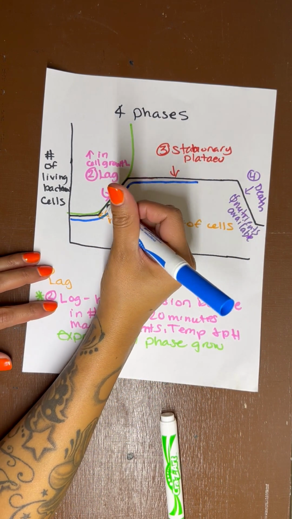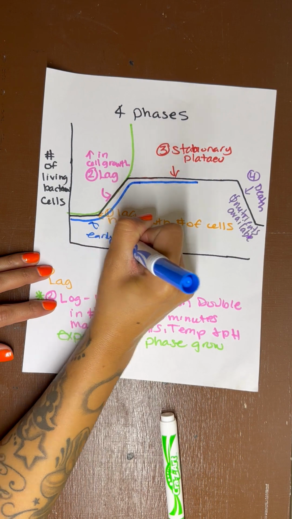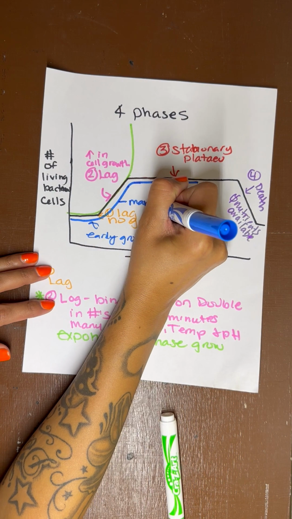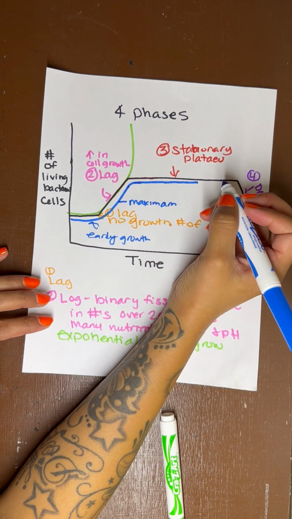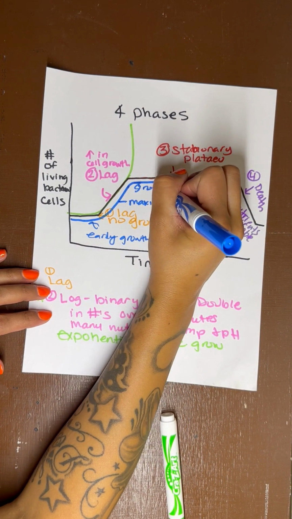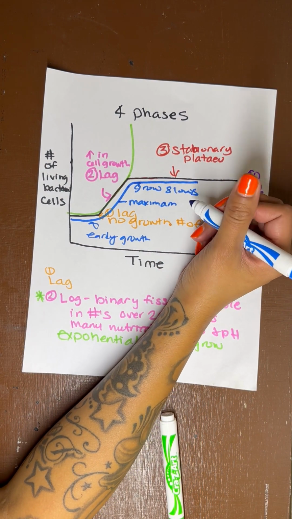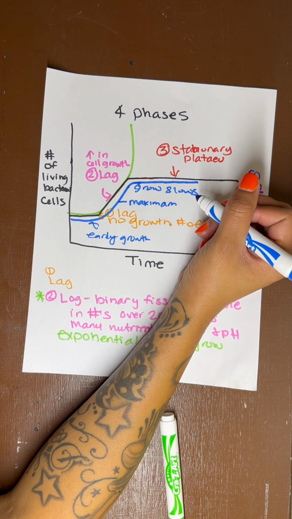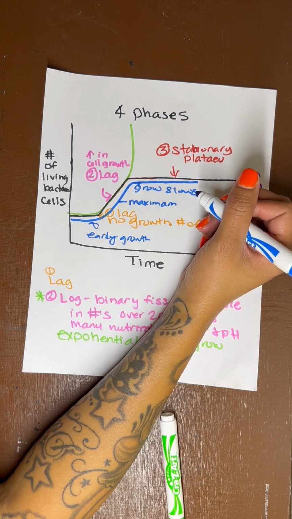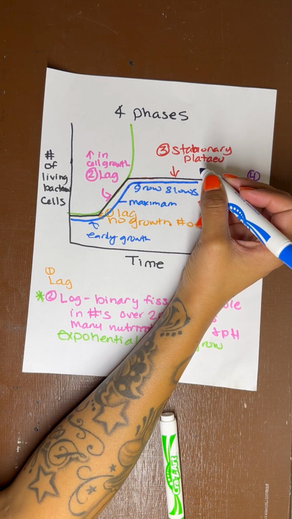But we do have the early growth in this phase with the maximum growth, and then the growth slows because it doesn't have the nutrients for the bacteria to grow over time in the environment, which is also known as the carrying capacity of the environment over time.